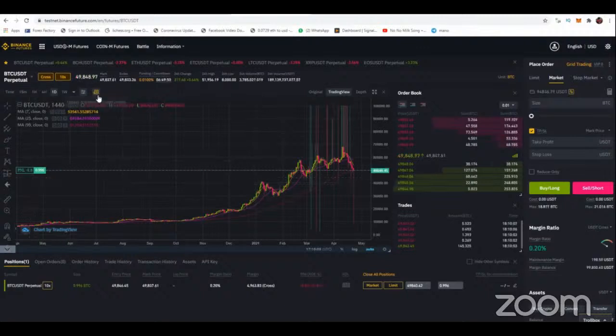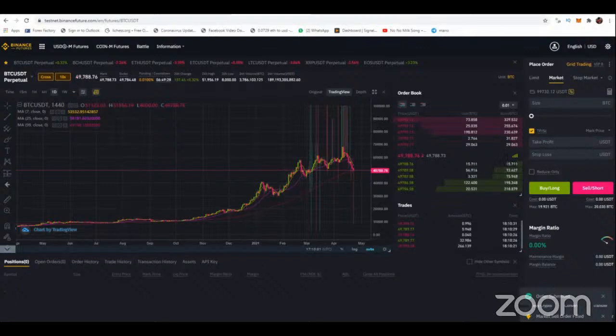You come to this area, and once you click on it, it doesn't show your entry position. So if for instance you want to see your entry position on your chart and you can't really find it, you just click on this and then it will show it to you immediately. So let's close this one also, and you just click on market. So you click on market, it automatically closes it.